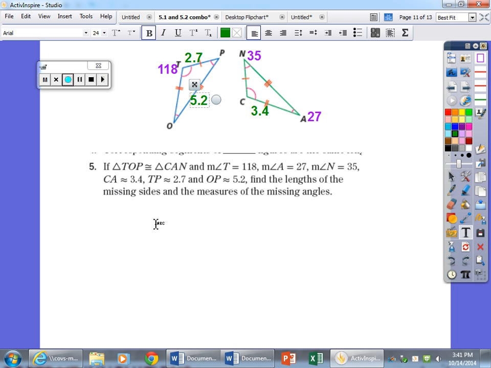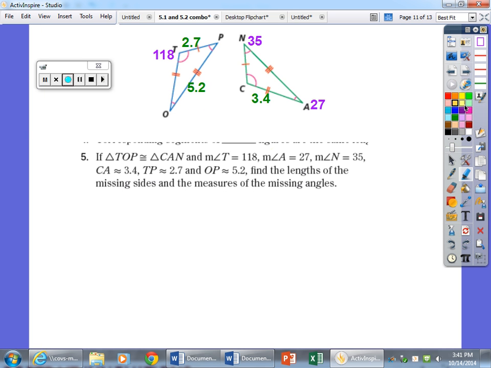Now again, whenever I look at this, I see CA is 3 4/10. Well, because CA is 3 4/10, that means TO is also 3 4/10. So not only would this one be 3 4/10, since that's CA, we would also look at TO being 3 4/10.